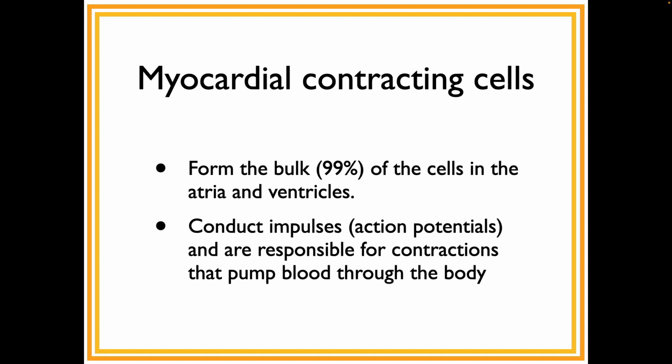The contracting cells, the basic workhorse cells of the heart, form 99% of the cells in the atria and the ventricles. So most of the cells in your heart, their job is just to contract, okay? They do conduct impulses. It's misleading to say they're not conducting, because they also conduct. And they're responsible for the contractions that pump blood through the body.